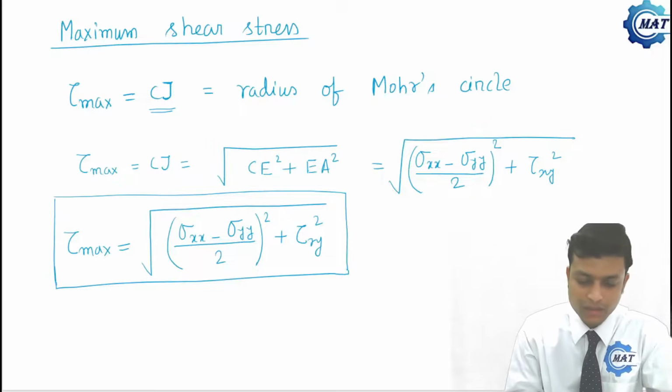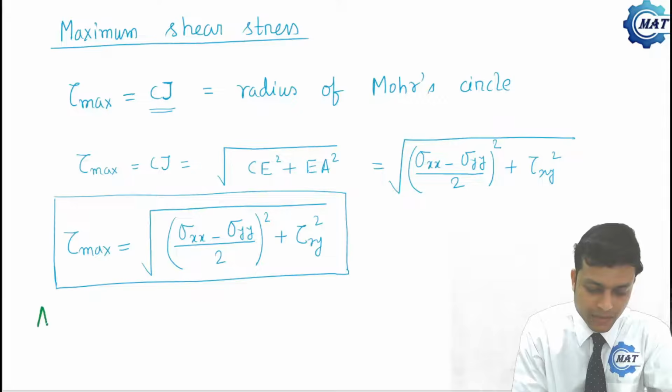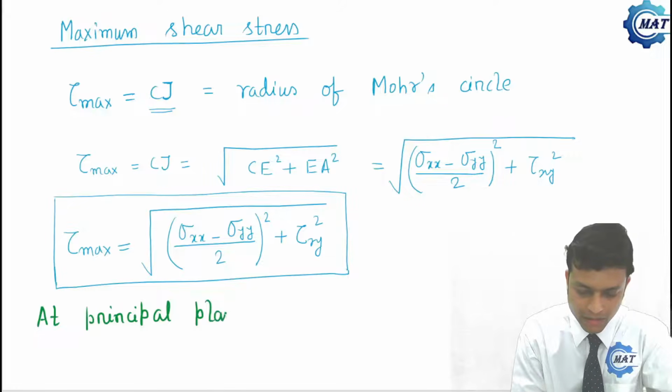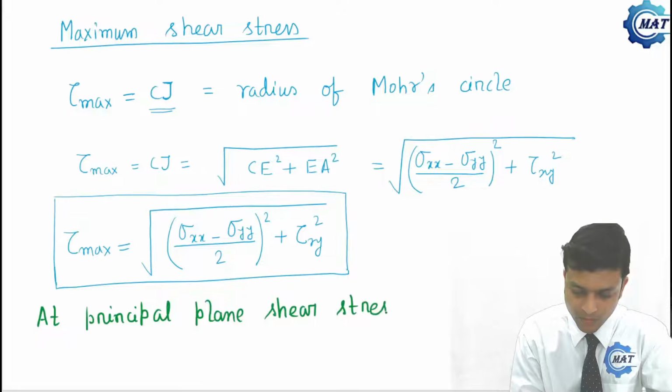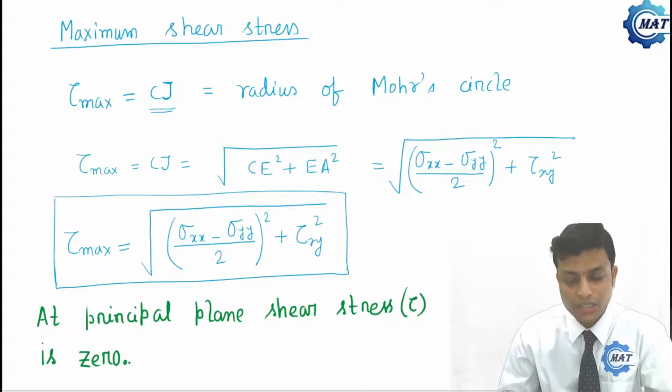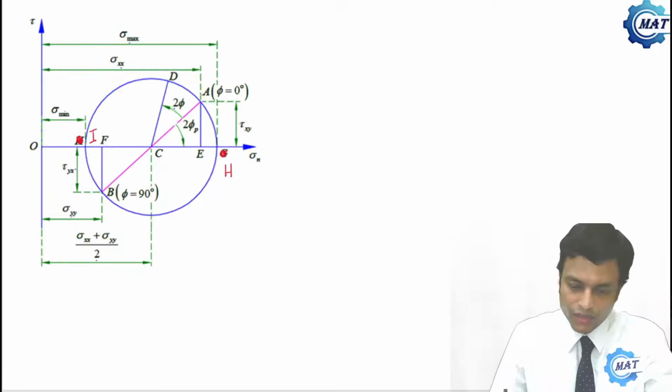So we have to note another point, that at principal plane shear stress, that is tau, is 0. At principal plane shear stress is 0. Let us come to this figure.